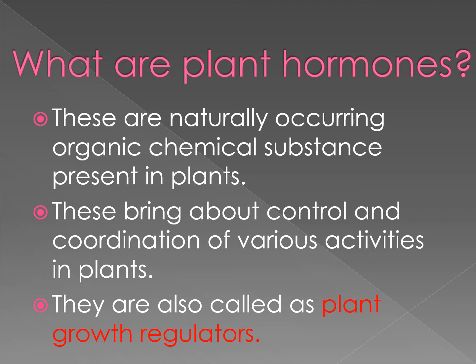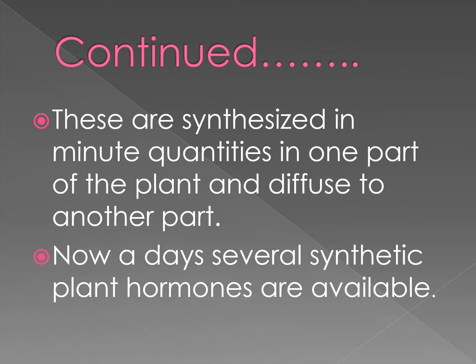So they are also called plant growth regulators. These chemicals are synthesized in very minute quantities in one part of the plant, and they diffuse wherever they are required or where the part is going to give the response. So they are moving in that direction.